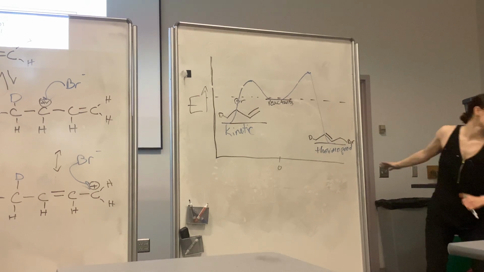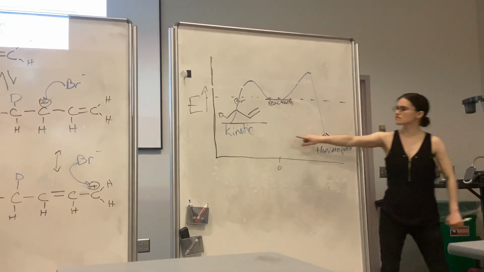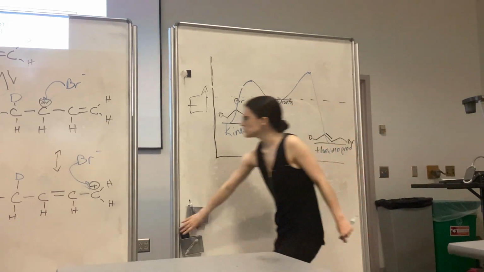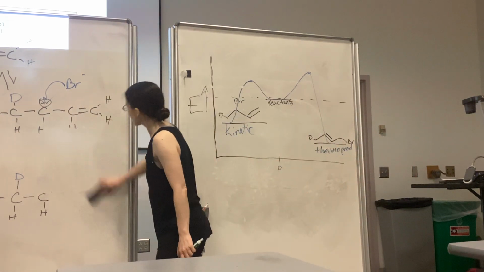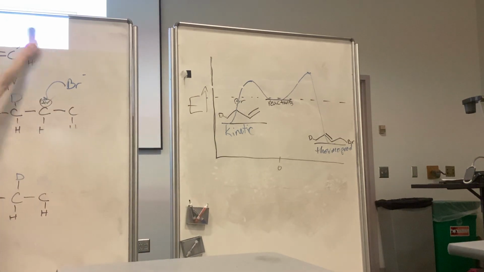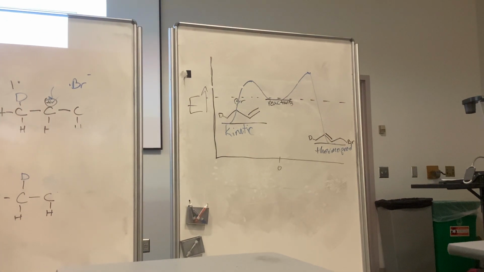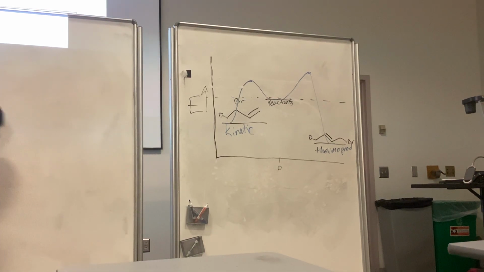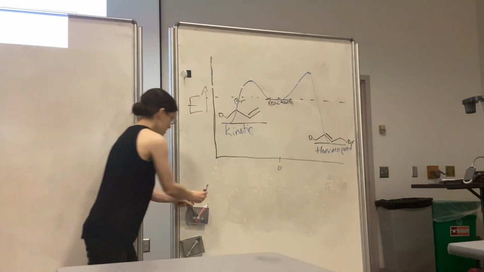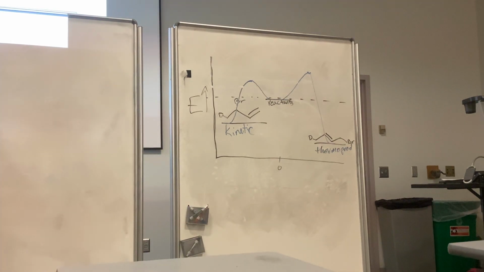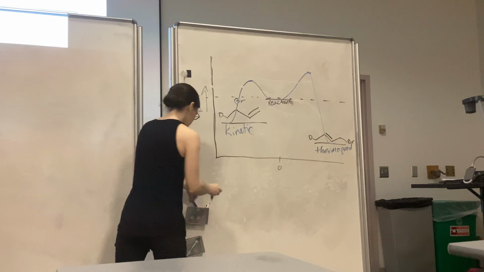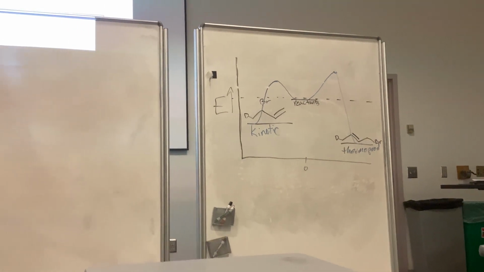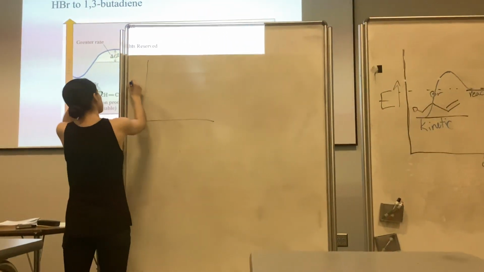So, in this case, kinetic product, thermodynamic product. If I were to give you just a reaction coordinate diagram, and didn't even give you any chemistry, I just said, here is a reaction coordinate diagram.